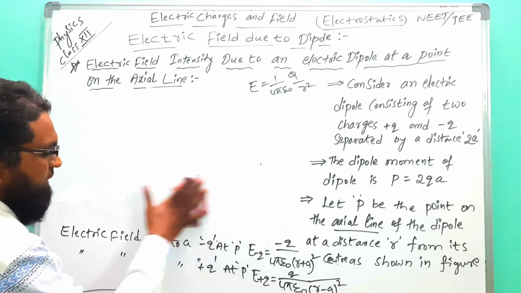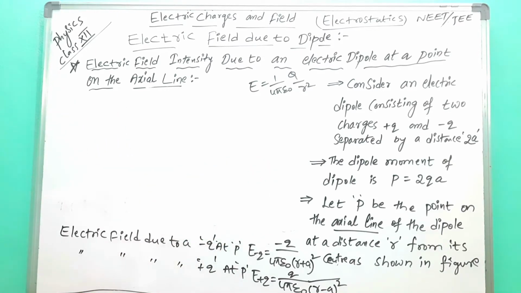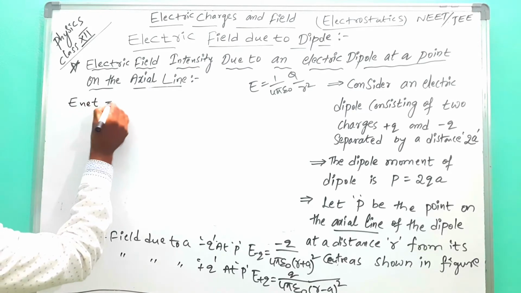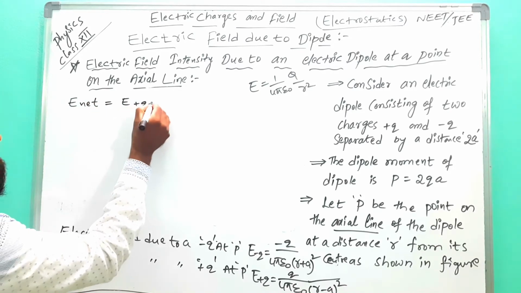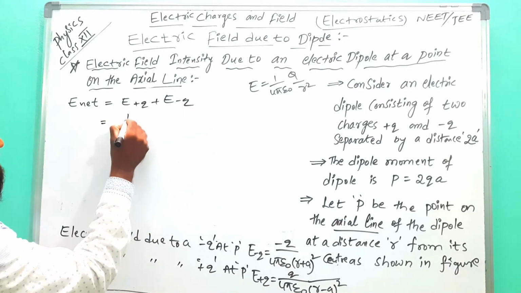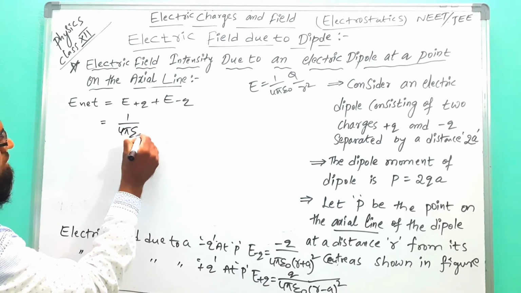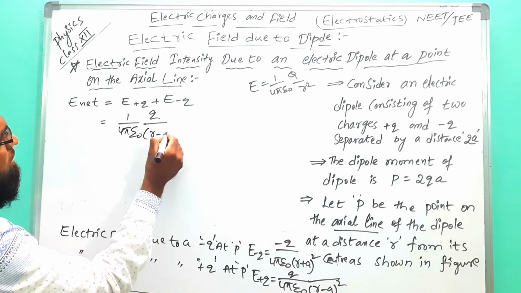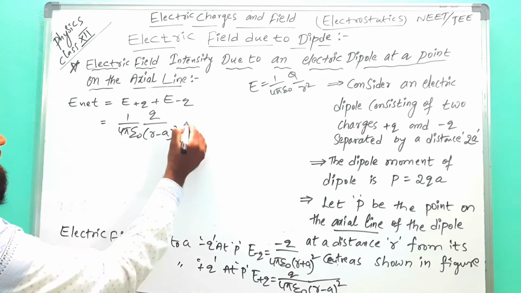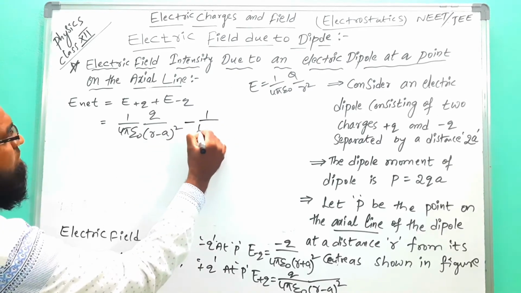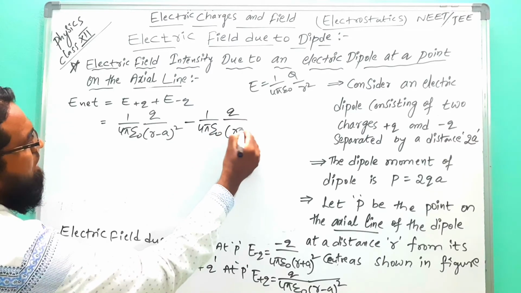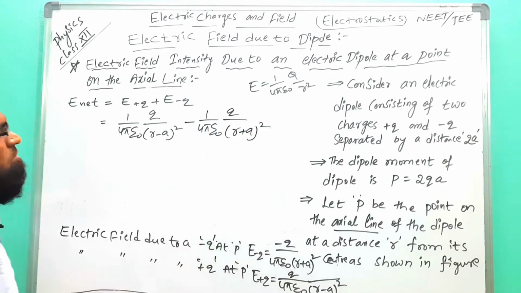Now the net electric field, see here, E net equal to E positive plus E negative, means 1 by 4 pi epsilon naught q by r minus a whole square, and minus 1 by 4 pi epsilon naught q by r plus a whole square.